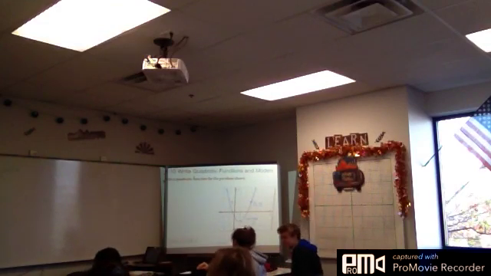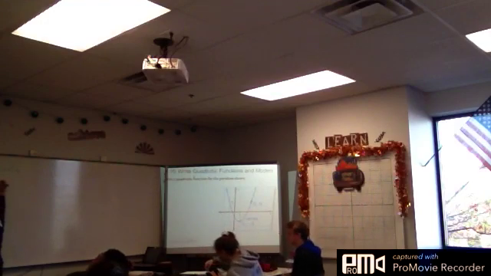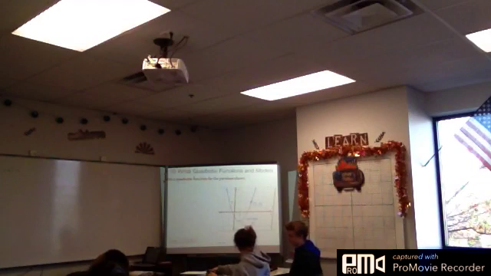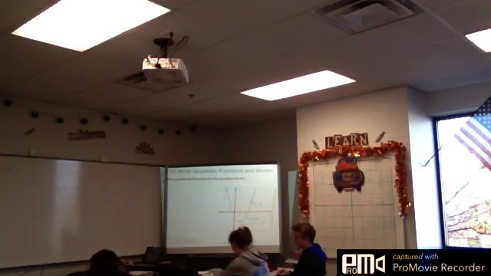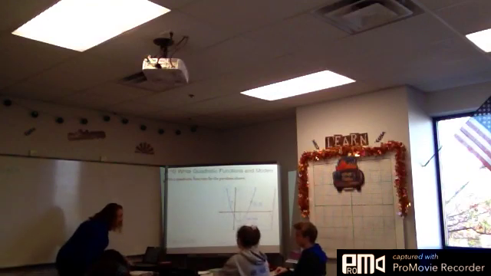What's intercept form? Y equals a times something, plus b? That's a line, that's not a quadratic function. If you don't know, you better start looking it up, because I'm not telling you on the test or quiz.